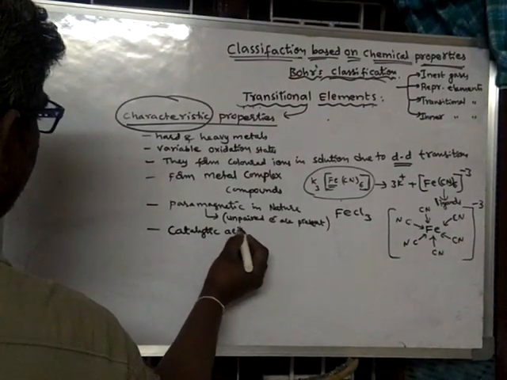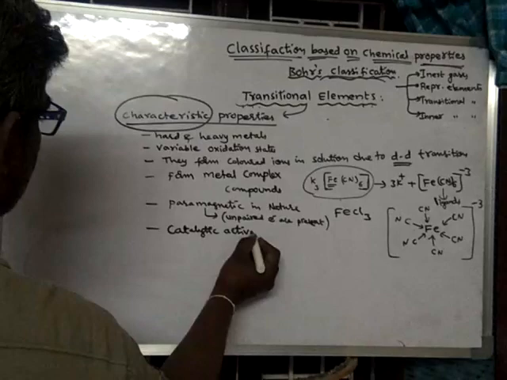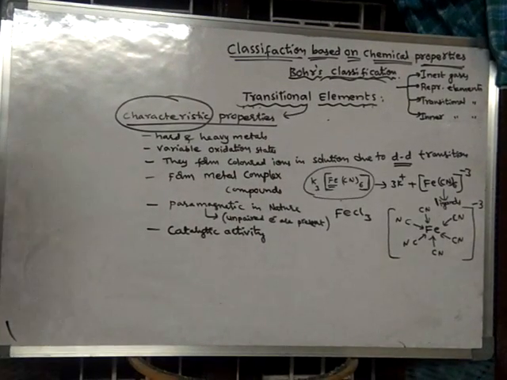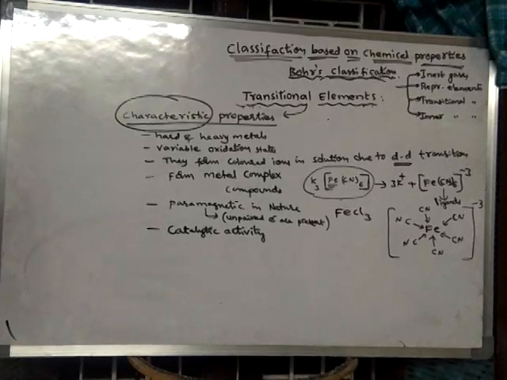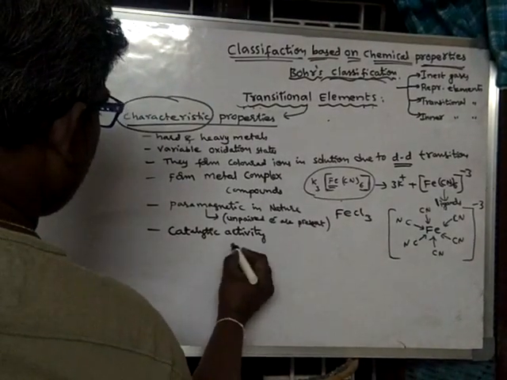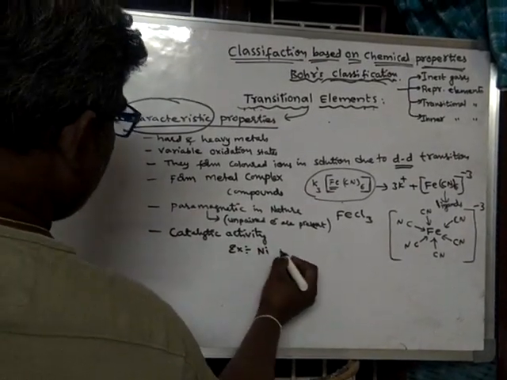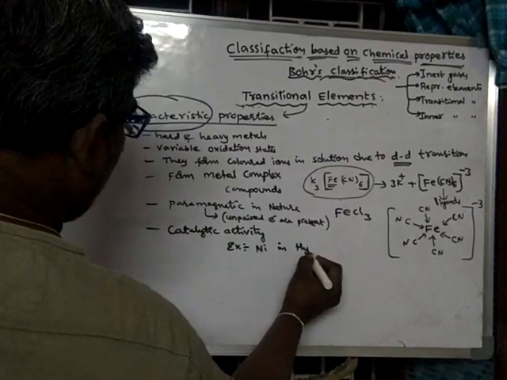They exhibit catalytic activity. Most of the d block elements, most of the transition elements, act as catalysts. For example, take nickel. It is a catalyst in the hydrogenation of oils.